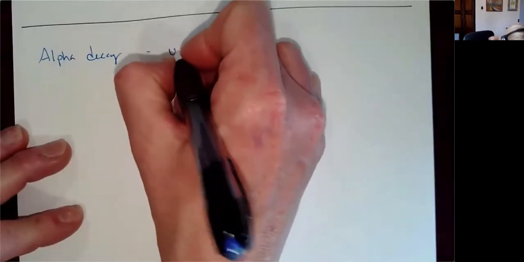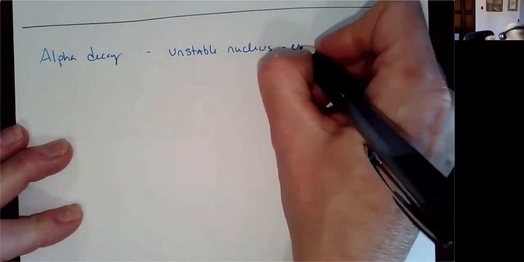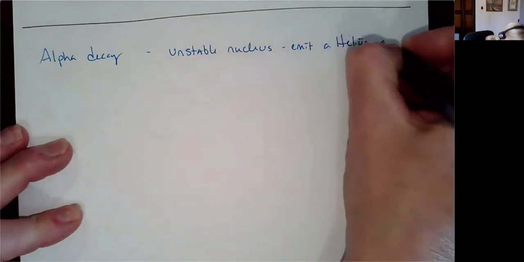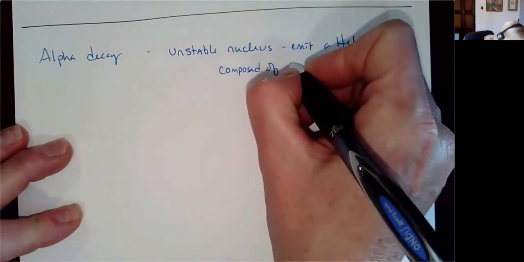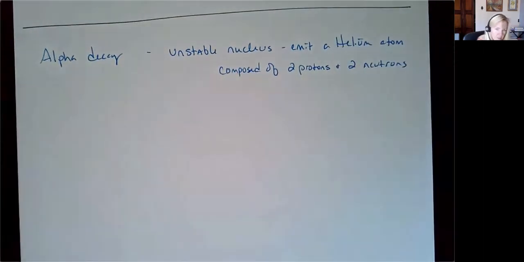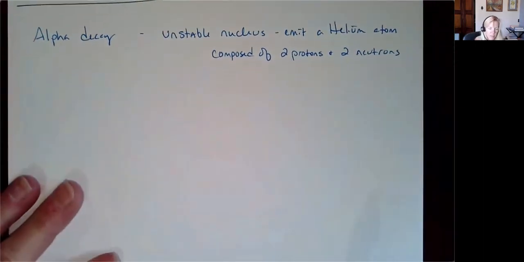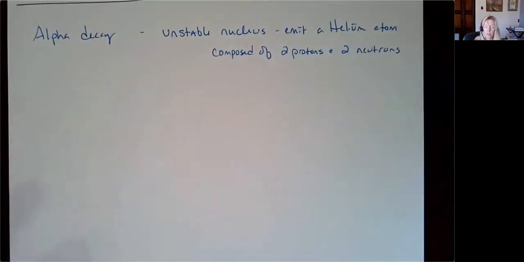What's happening here is I have an unstable nucleus, and it's going to emit a helium atom. And that helium atom is going to be composed of 2 protons and 2 neutrons. So in alpha decay, what's happening is I have an unstable nucleus, and in all of these types of radioactivity, you have an unstable nucleus.